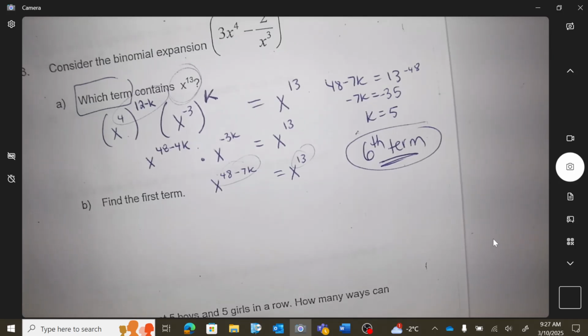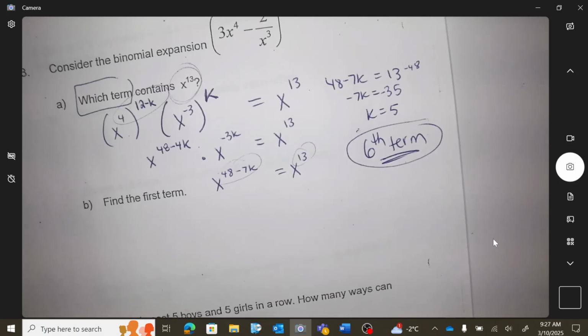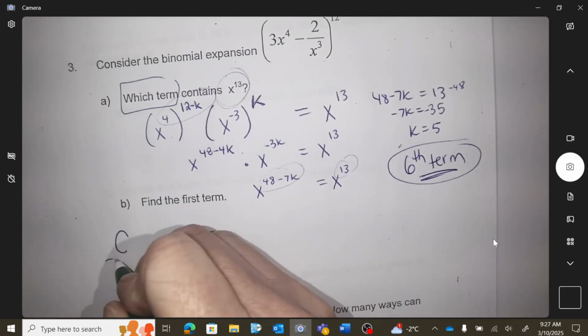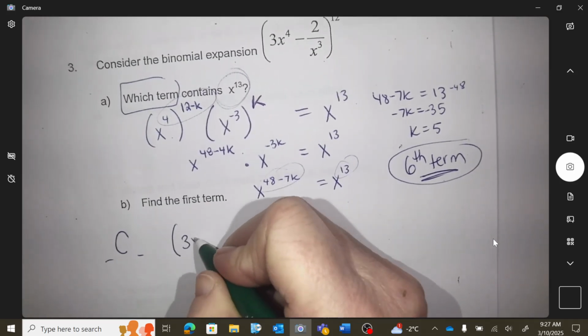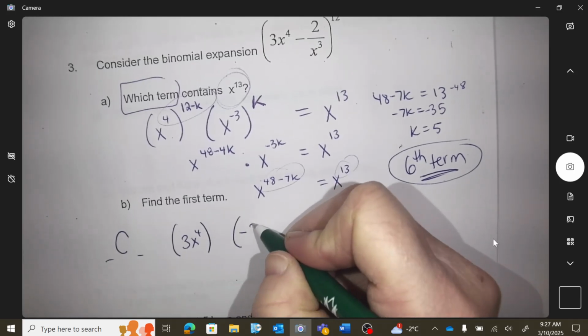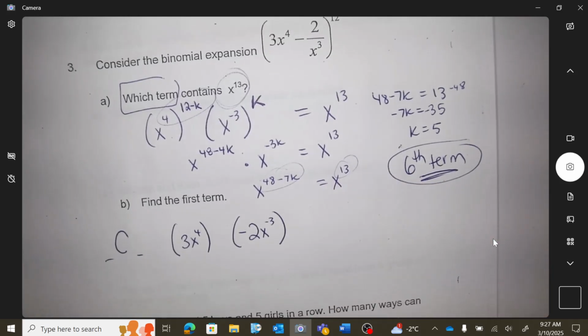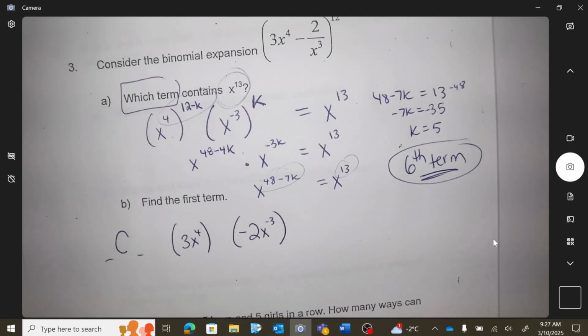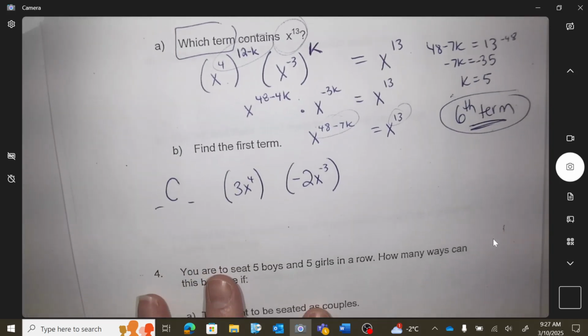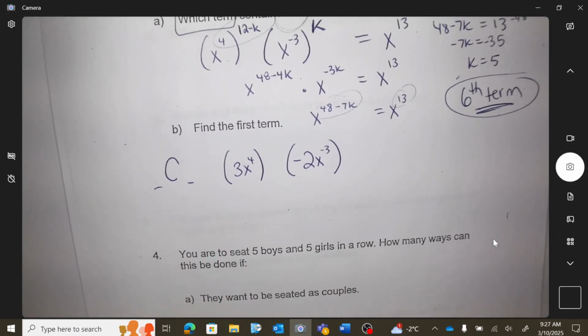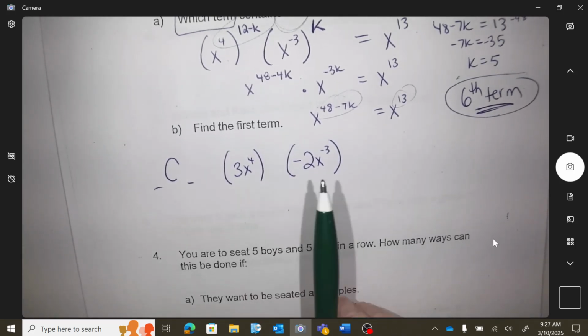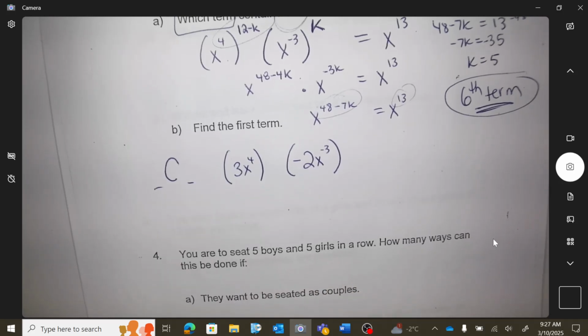Okay, and then question B says figure out the first term. So here I go. Something choose something, 3x^4 in a bracket, negative 2x^-3 in a bracket. First item, second item, we've got to do some kind of choose thing in the front. Okay, so here we go.